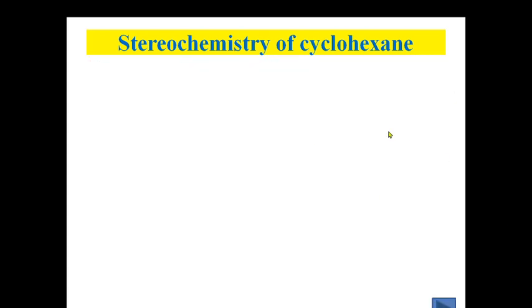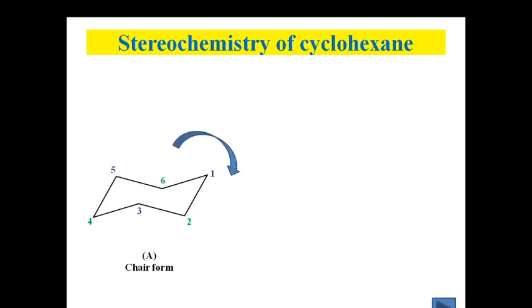Now we have to see one of the important phenomena related to the chair conformation of cyclohexane. Suppose we have this chair conformation of cyclohexane, the numbers are given 1, 2, 3, 4, 5, 6. Suppose I press this carbon number 1 from the upper side, obviously it will go down, and if I lift carbon number 4 up, carbon number 1 will go down.